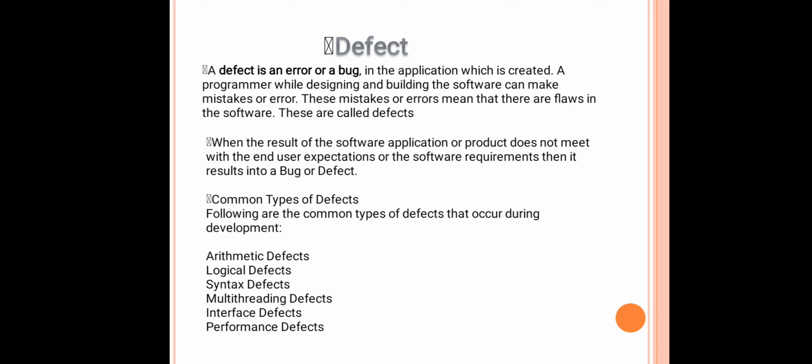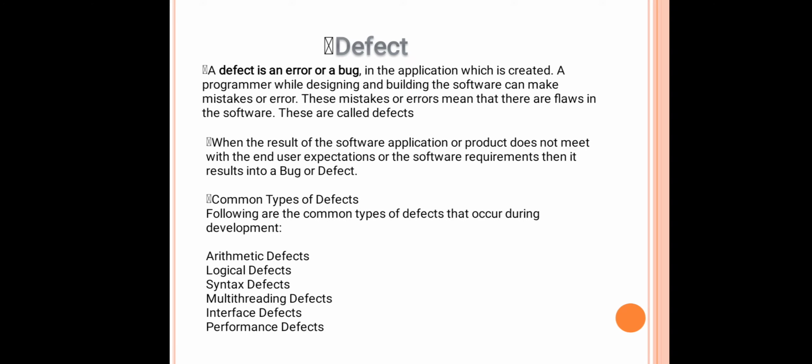All defects are related to a particular operation. If there is any arithmetic operation that we do in the application or program, then there is an arithmetic defect. If there are logical errors in the program or application, then logical defects occur.